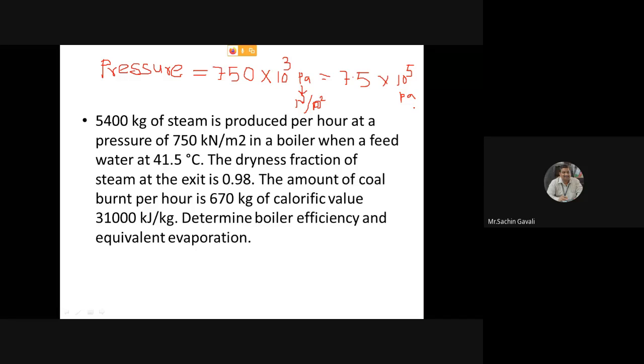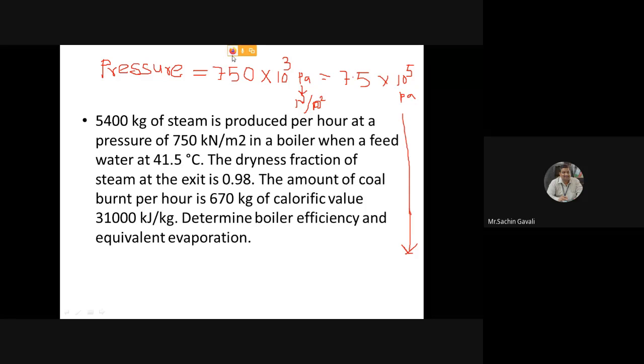One relation is there between Pascal and bar. Who will tell that relation? Basic relation: 1 bar is equal to 10 raised to 5 Pascal.